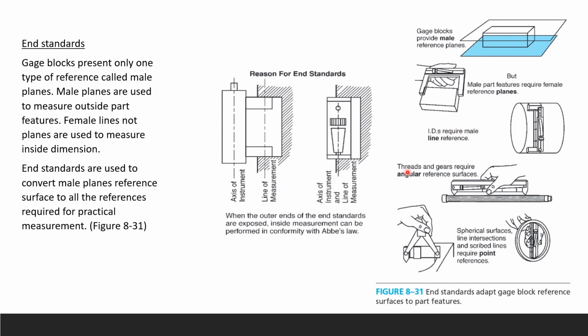So don't get into confusion, okay? You don't really need any of that. All you have to know is for end standard, okay, you need a line of measurement. And that line of measurement can be a reference. And that reference is either male or female, plane or line. And that's okay. But for male, we go by outside, and female is for inside dimension.